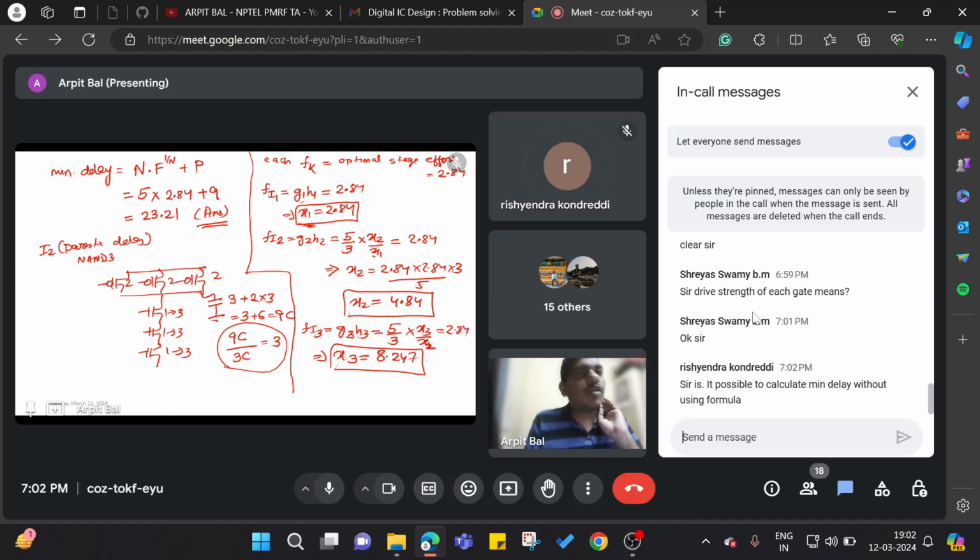Minimum delay. Yes, if the gates are properly sized, then you can directly figure out the minimum delay by GH plus P itself. But here we first need to figure out the optimal stage effort, and based on that we are doing it. So that's why we need to do the calculation.